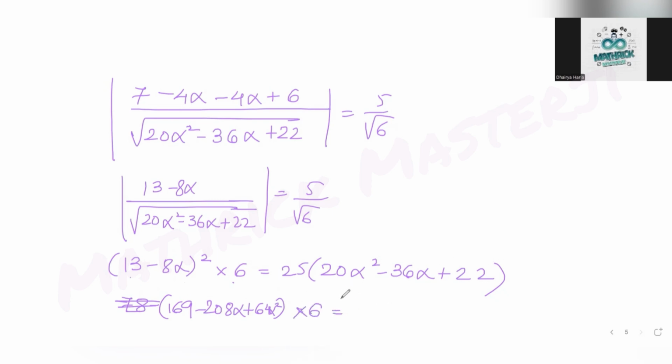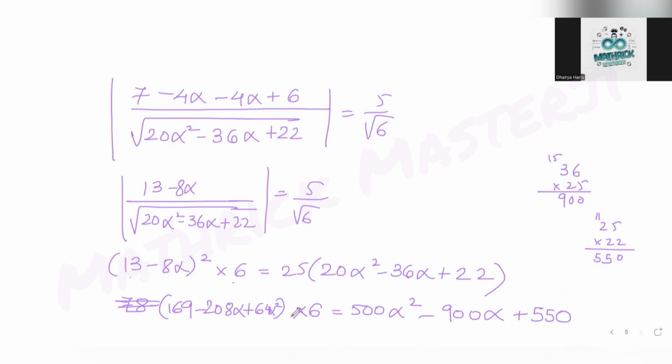And if I multiply this whole throughout, 25 times 20, 500 alpha square minus 36 times 25. 25 6 is 150, 25 3 is 75, so 900, plus 25 times 22. So 22 5 is 110, 22 2 is 44, 55. So 550 also.